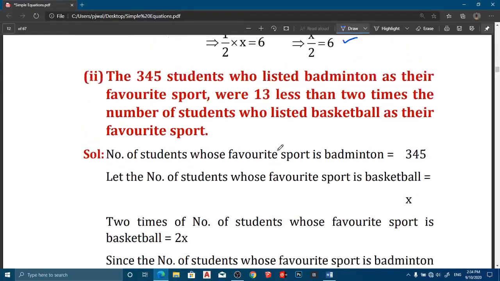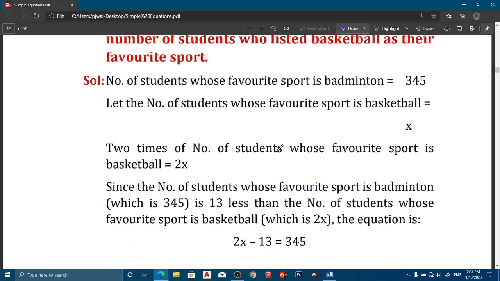Then you can convert directly without writing all these steps. I wrote all these steps to help you understand. If you don't follow when I am explaining, you can read these sentences and then you can also understand. So now it is equivalent to 2x minus 13 equal to 345. So this is the actual answer we have to write. Okay. Next.